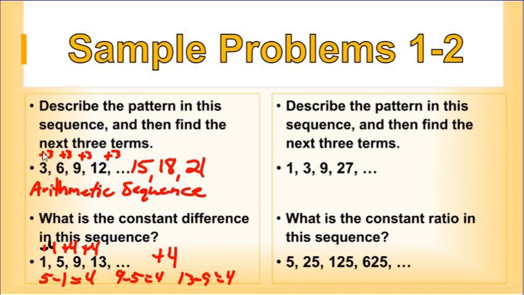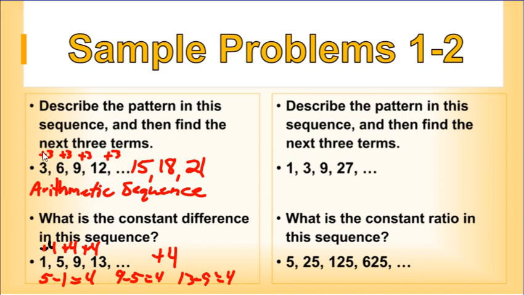Next one, describe the pattern in this sequence and then find the next 3 terms. To go from 1 to 3, I could add 2. Now I have to see if I do 3 plus 2, that does not give us 9. I would have to add 6 here to get 9. Since they're not the same, I know I can't add. I know I'm not subtracting because my numbers aren't getting smaller.